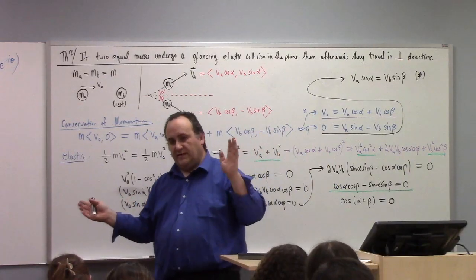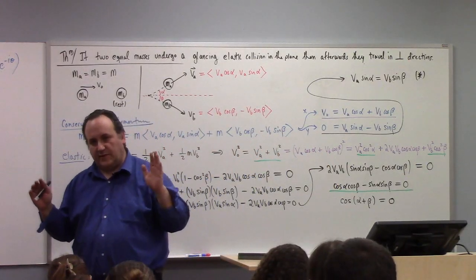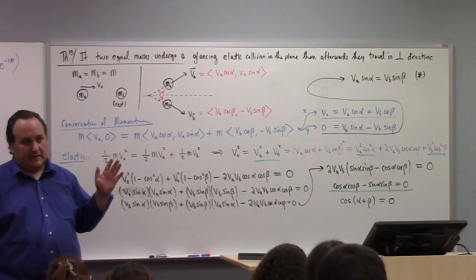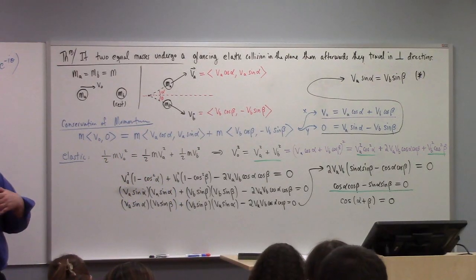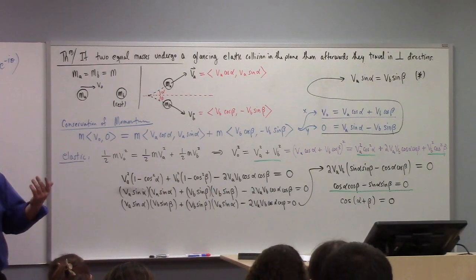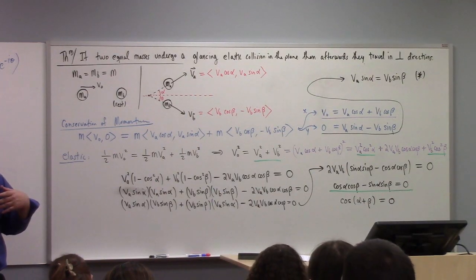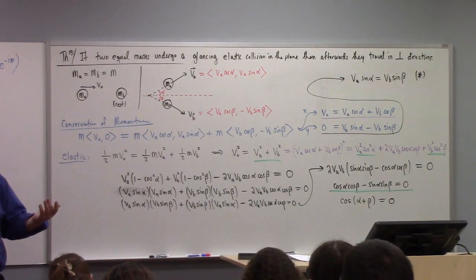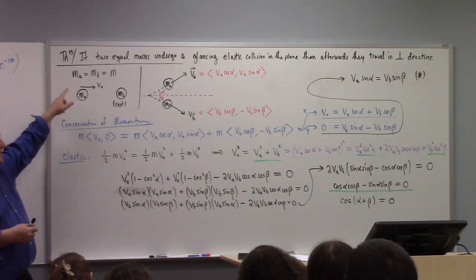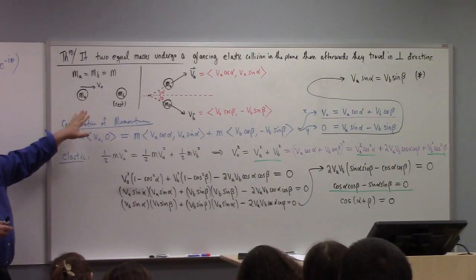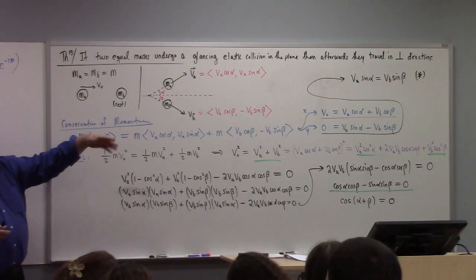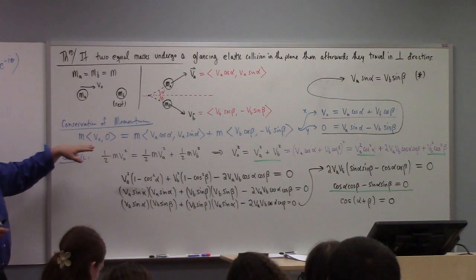One went 30 degrees up and the other ended up going 66 point whatever degrees down. They weren't equal masses though. I asked, can we judge from that that it wasn't an elastic collision? And the answer is no, because in that previous example we didn't have equal masses. This equal mass part of the assumption is important. We couldn't have divided by m and done what we did without the masses being equal.